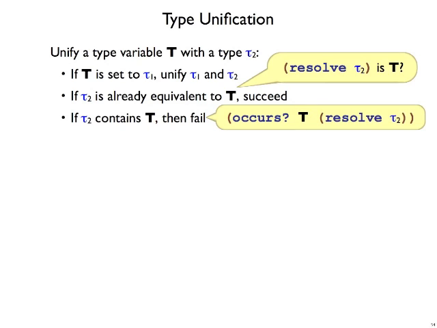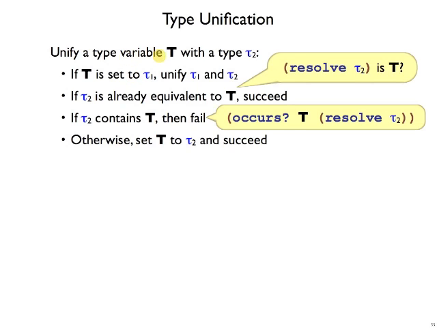Although actually we need to resolve that type first and check whether t is in the most specific thing we already know about that, in case tau2 is itself a type variable. If that third case doesn't hold, then that means there's nothing already that has any constraint between tau2 and t, so we just say that from now on t must be tau2, and succeed for now.